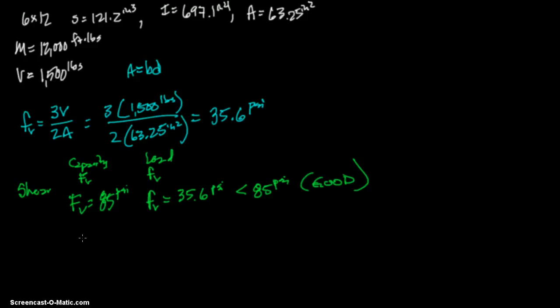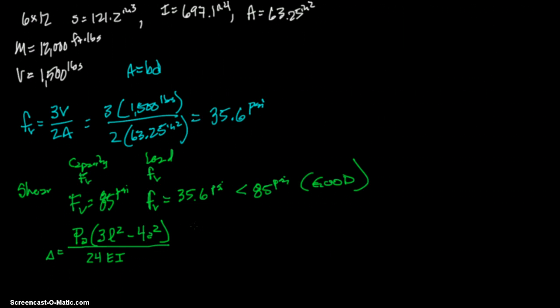So let's go ahead and use that equation here. Alright, delta equals PA times 3L squared minus 4A squared over 24 EI. Alright, there we go.